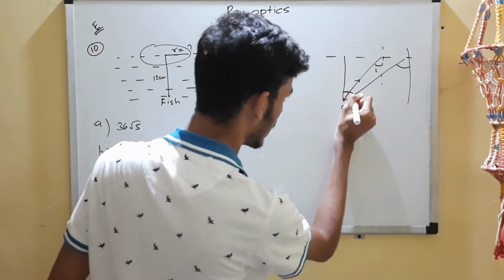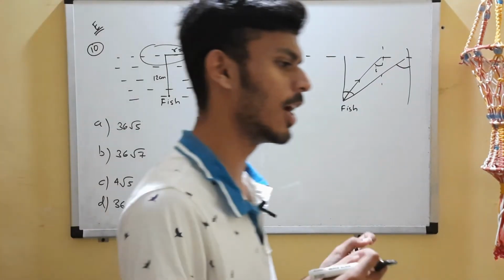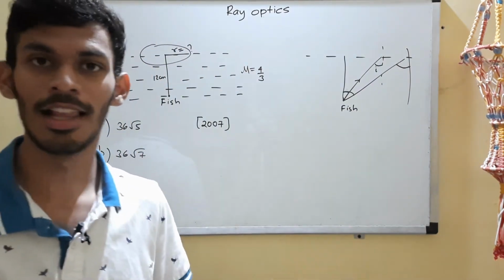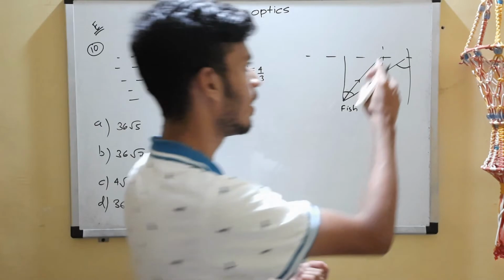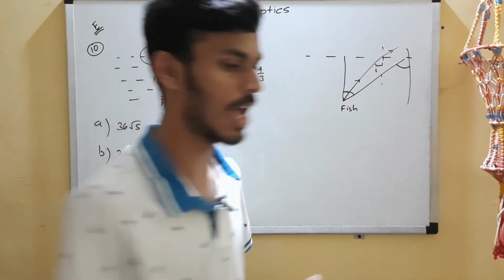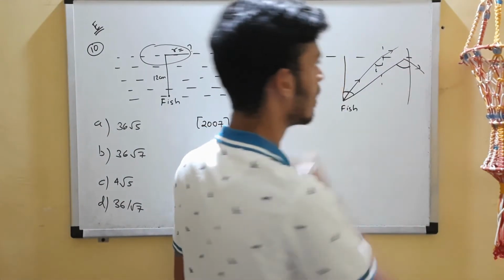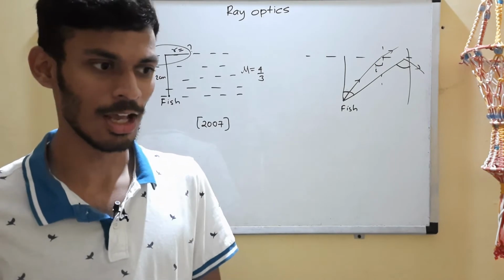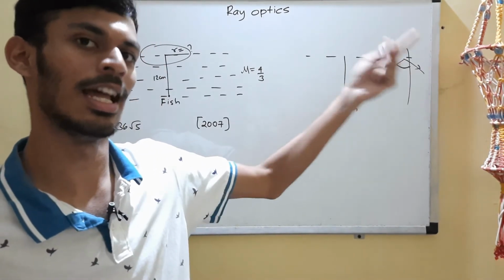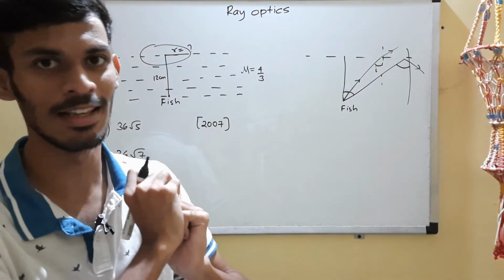There will be a point where the angle of incidence crosses the critical angle, and at that time the ray won't escape out. If the angle is greater than the critical angle, then it will get totally internally reflected. So the rays won't go out, and that region cannot be seen. That is why the fish will only see a circular region.